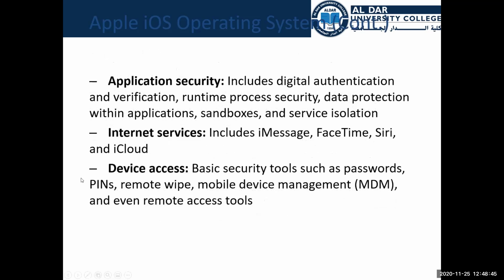Internet services like iMessage, Facebook, Siri, and iCloud, these services also should be protected. For example, if you have a weak username and password for iCloud, it will be disastrous, because all of the data on your phone can be found on the iCloud. So you have to take care of the iCloud and the services that you are using. For example, your location is a disastrous thing.